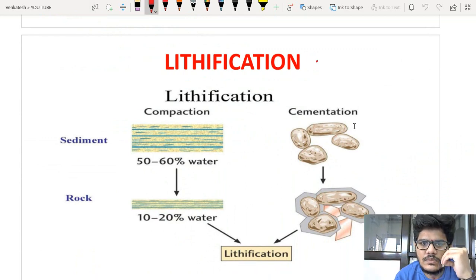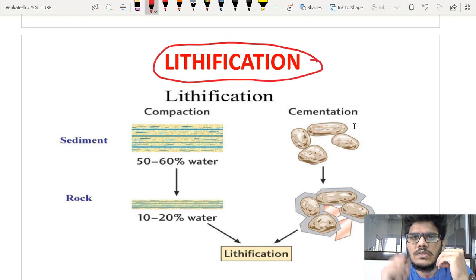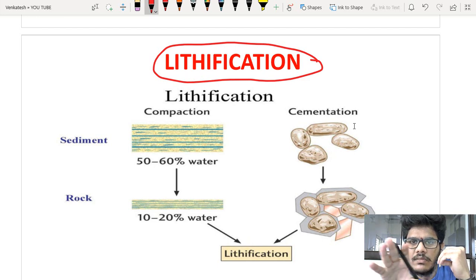And coming to the next one, lithification. What do you mean by lithification? Generally lithification is nothing but the formation of a hard rocky mass by compaction and cementation from its sediments. I'll tell you in a simple manner.